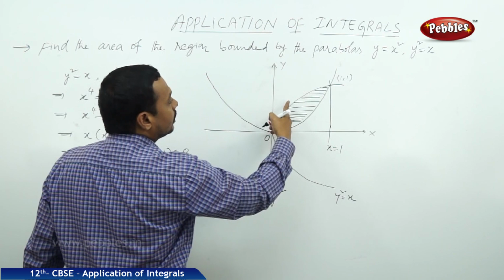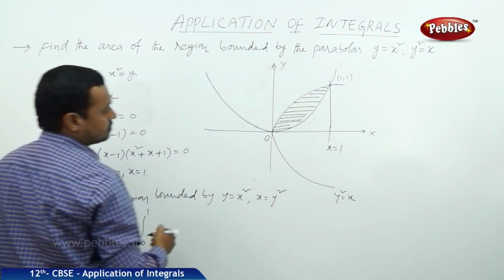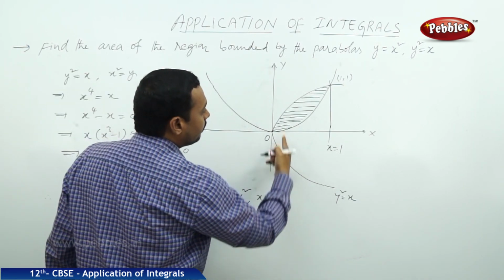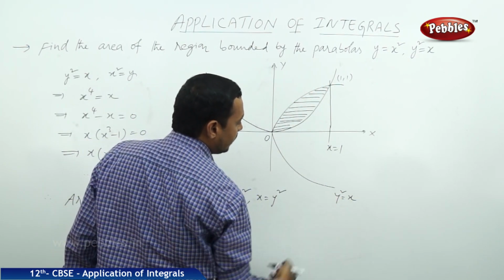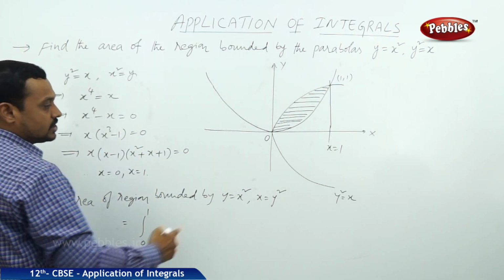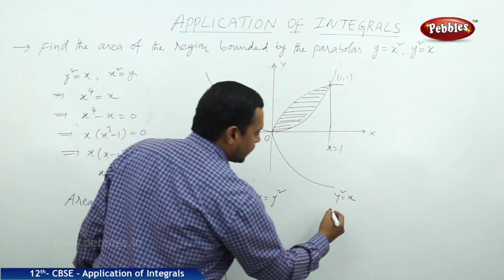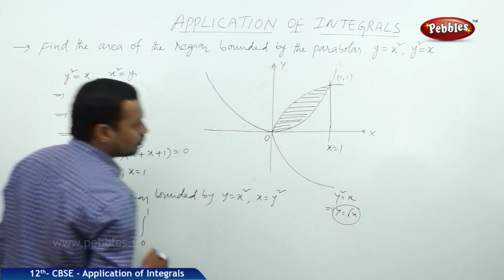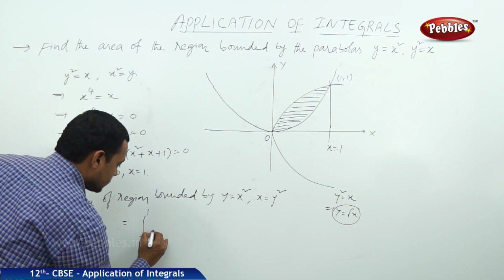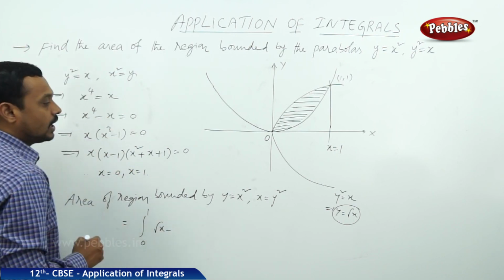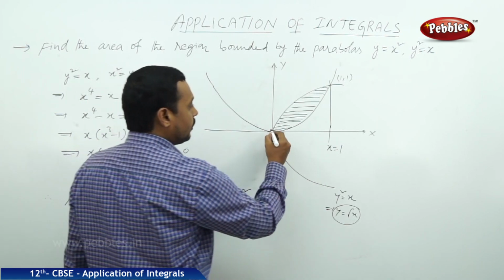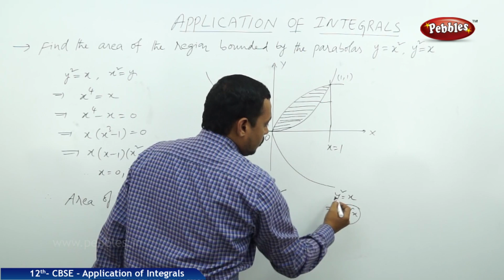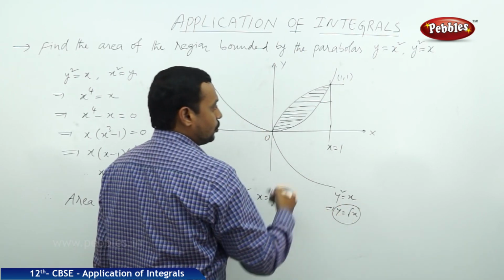Now here f(x) minus g(x), the upper curve minus the lower curve. See here, the upper curve is y square = x. From this, y = root x. So the upper curve is y = root x.